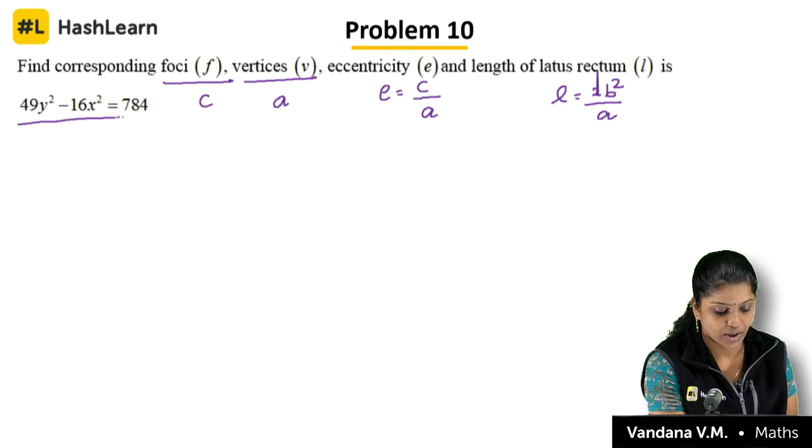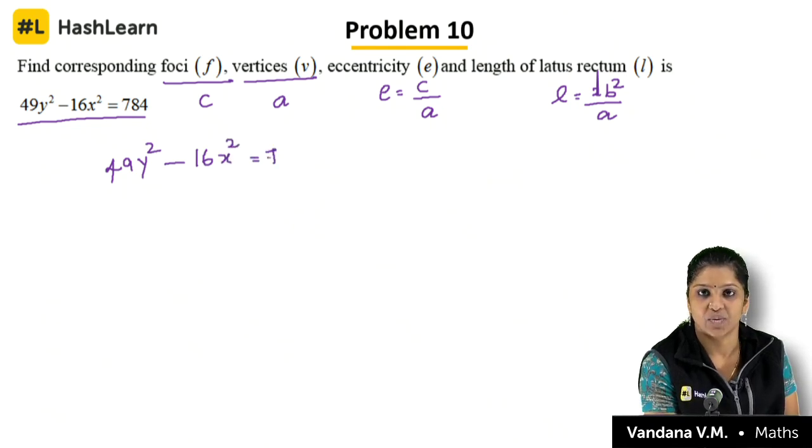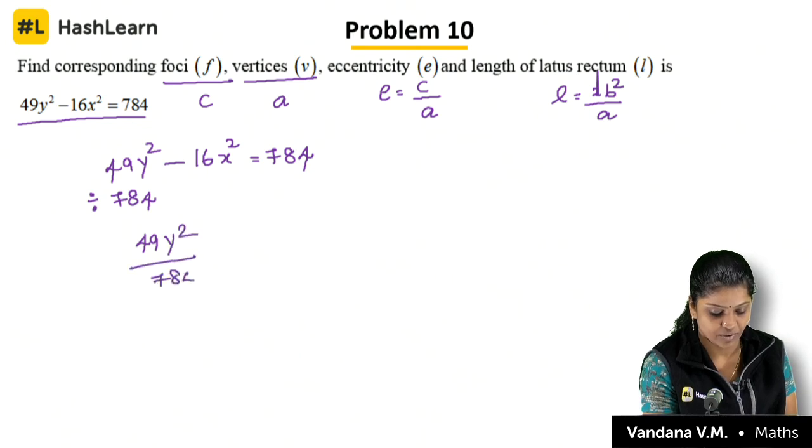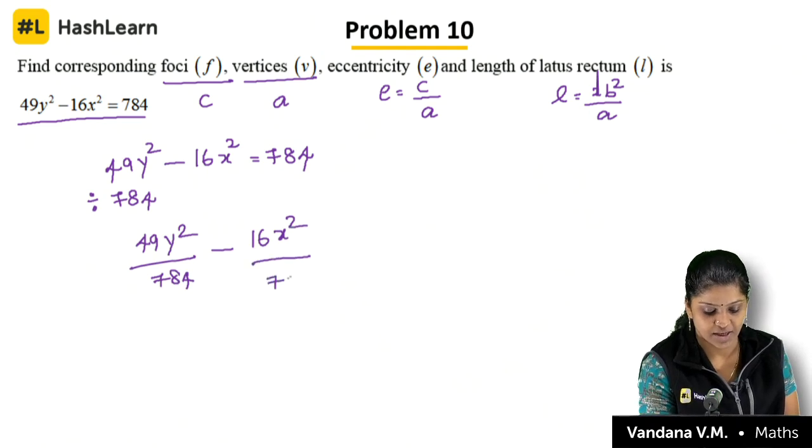This is also not in the standard form. 49y square minus 16x square is equal to 784. Please divide this by 784. So, 49y square by 784 minus 16x square by 784 is equal to 1.